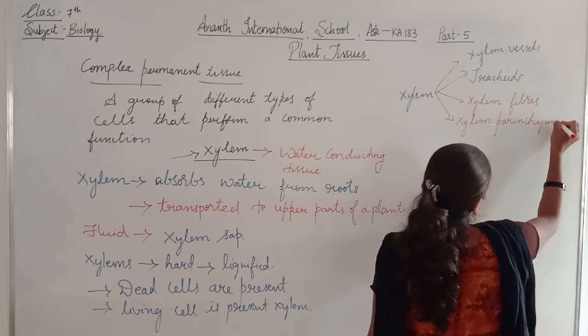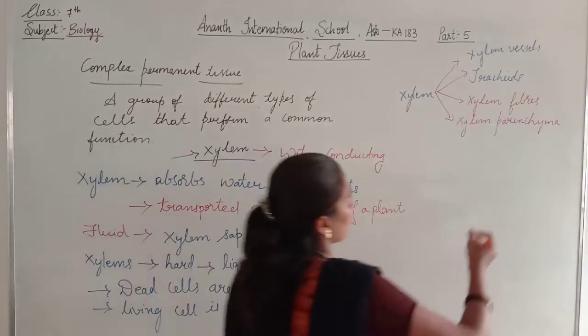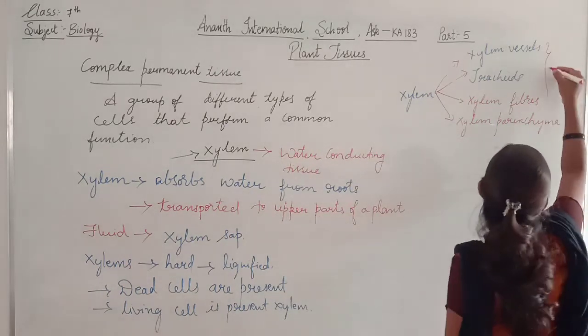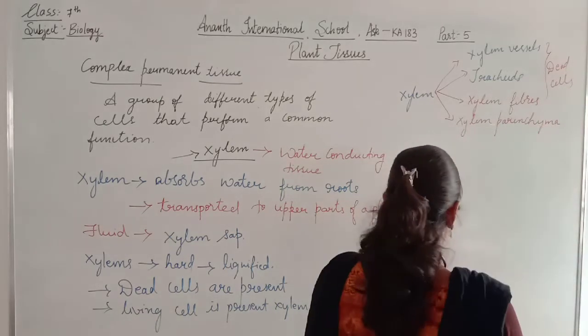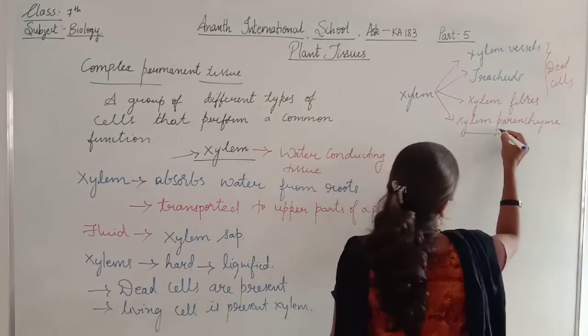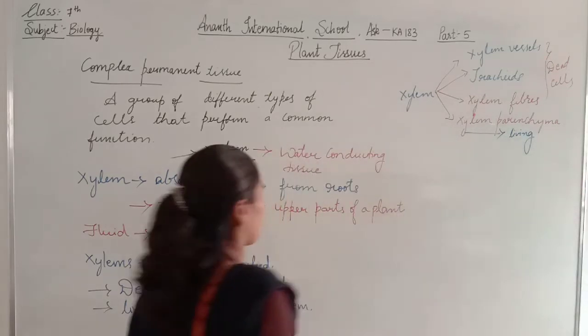So I said here that most of the cells present in the xylem are dead cells. All these three cell types come under dead cells. The only living cell present in the xylem is the xylem parenchyma.